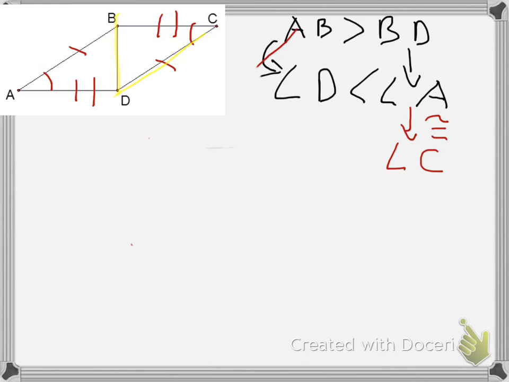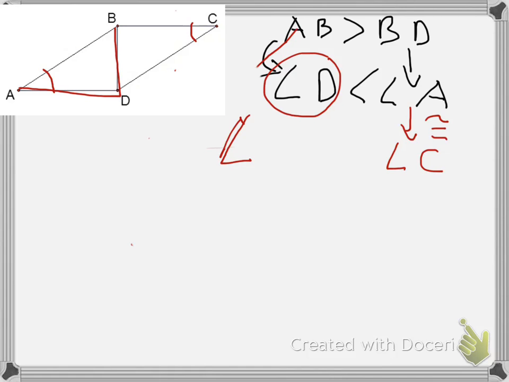The other one that they're asking us is, what about ADB? So let me continue to erase this. Okay. So they want to know angle ADB, and they want to know angle C. We know angle C and angle A are the same. And we know that this angle is really angle ADB.